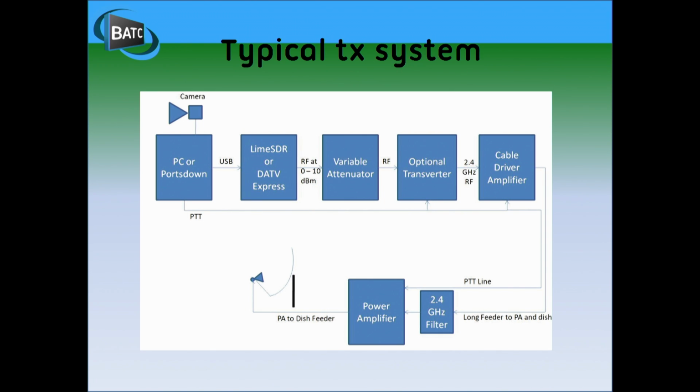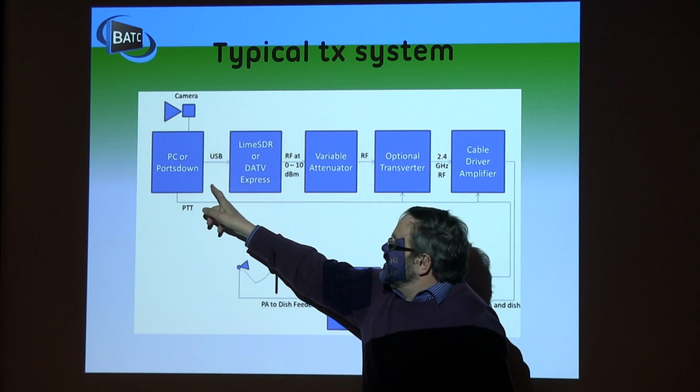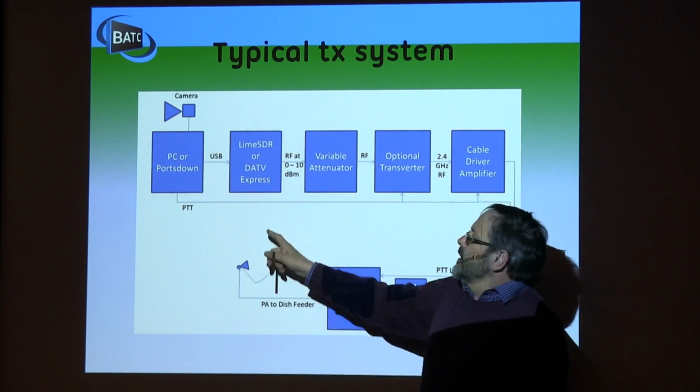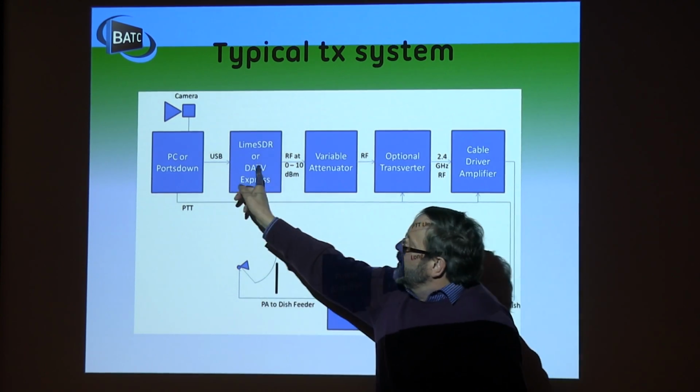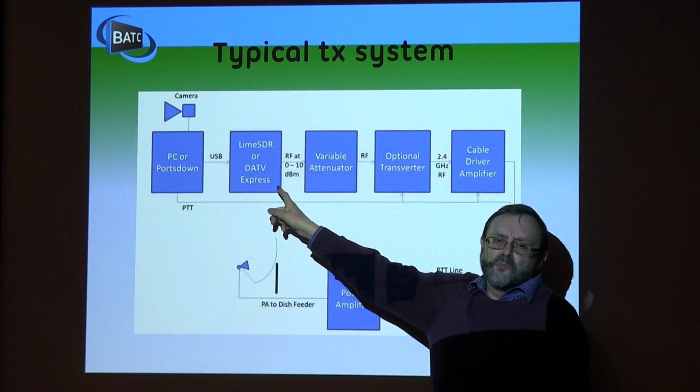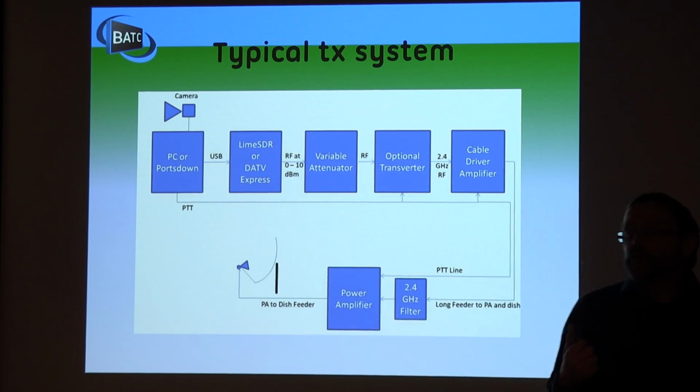So for wideband, our typical system will look something like a PC or the BATC ports down transmitter, basically to do the encoding and pass the transport stream over USB, probably into something like a Lime SDR or Pluto.